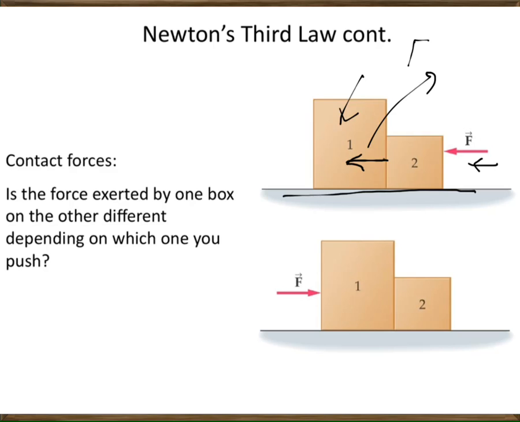The force on 1 applied by 2. Is this equal to F? The same question I'm asking here also. When you push the first object towards 2, is the force on the second object equal to F?